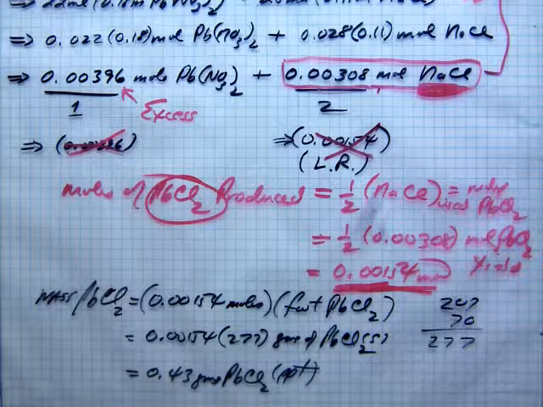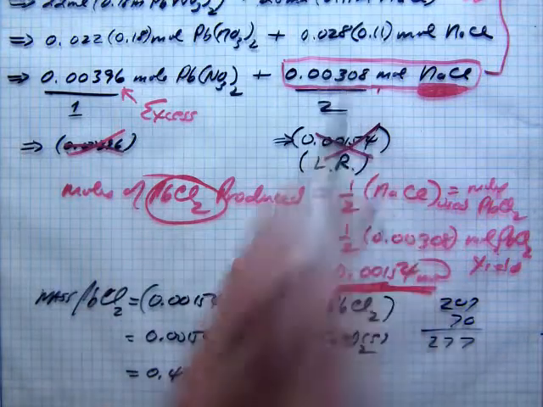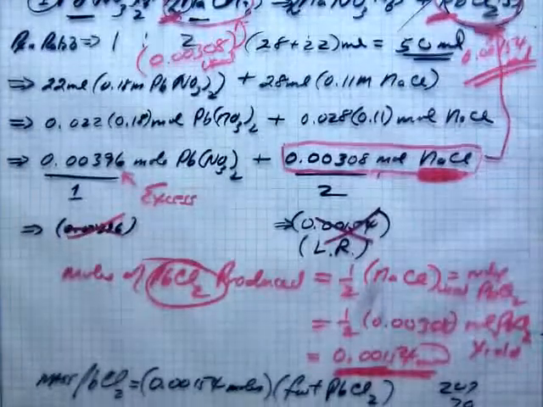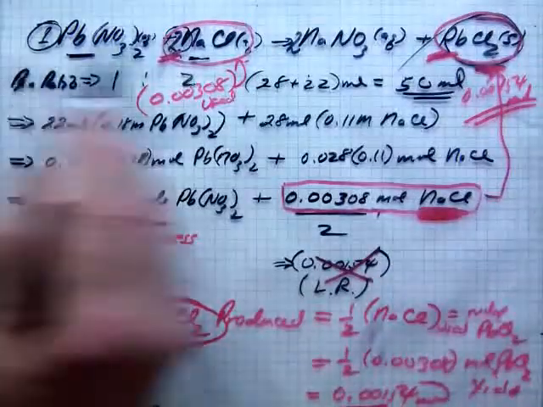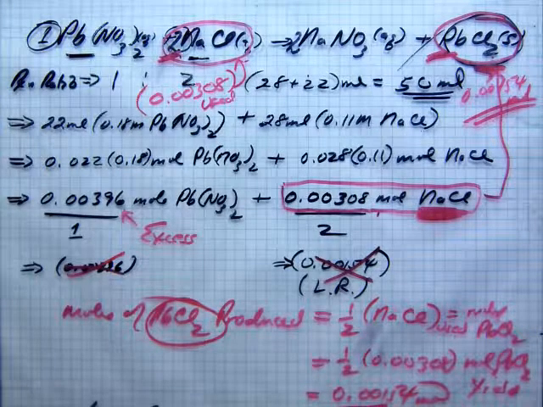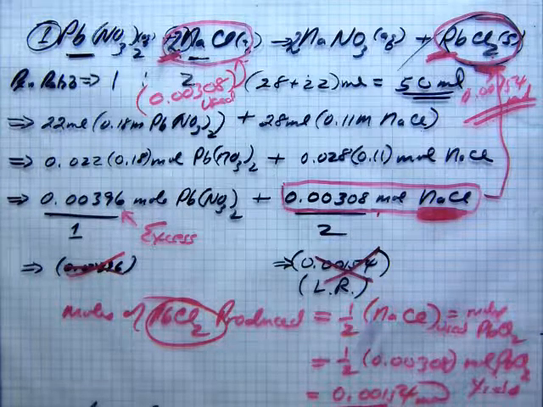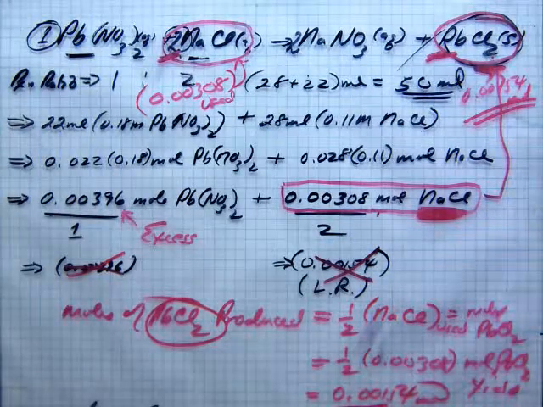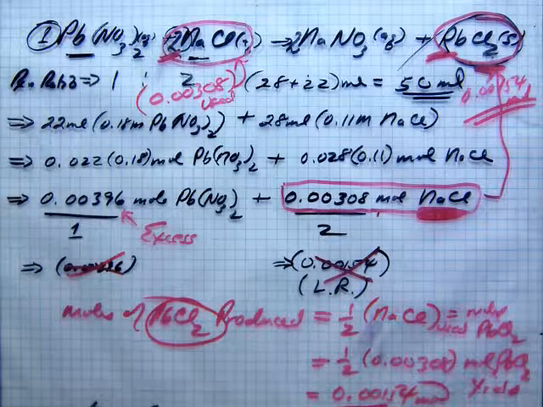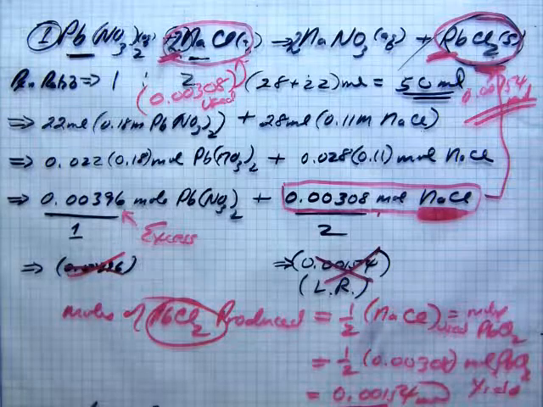How much lead nitrate would be left over? When you look at the equation up here, what's the relationship between lead nitrate and sodium chloride? 1 to 2. Balanced equation, coefficients. Yes? Everybody agree with that? Okay, this balanced equation, that's not a mystery.